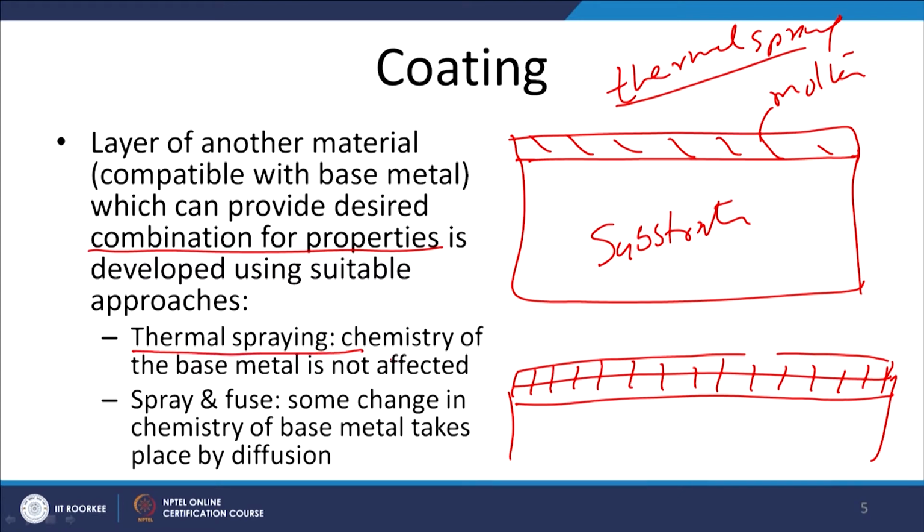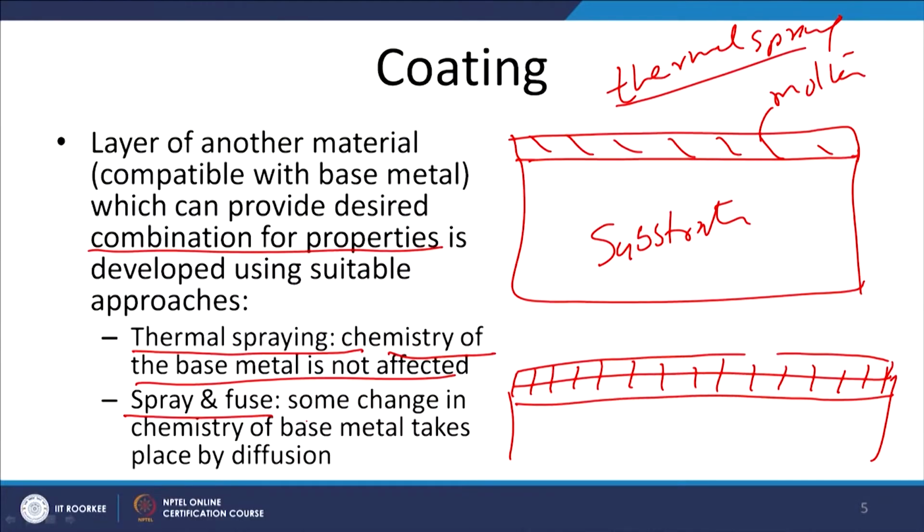In this case there is no major change in the chemistry of the substrate, because it is not done intentionally, and if it is happening, then due to diffusion a little bit of the coating material gets diffused into the substrate material, but not up to a greater depth. So, there is no major change in the chemistry of the substrate material, and that does not affect the properties of the substrate material appreciably.